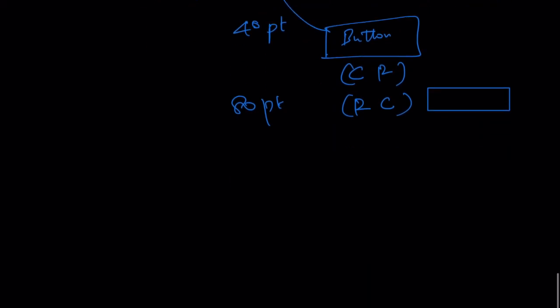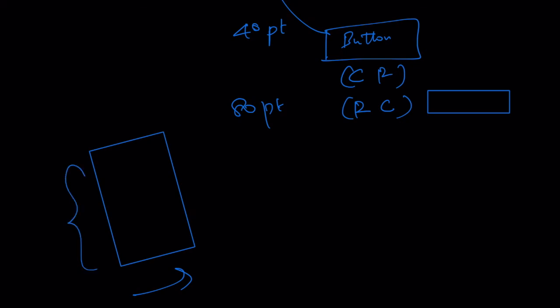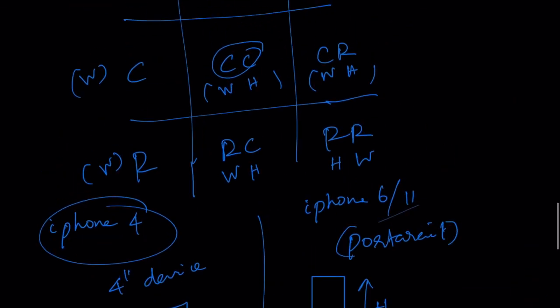When it comes to iPad, your iPad will be something like this, and both the width and height are regular sizes, like it's large, right? So be it portrait or landscape mode, your iPad will always be in the regular size class. So if you want to supply a constraint only for iPad, then you need to set that constraint with this size class. Now you know what a size class is, right?